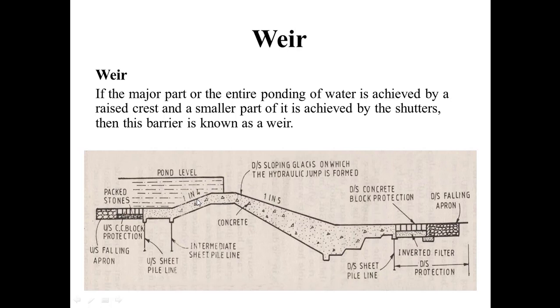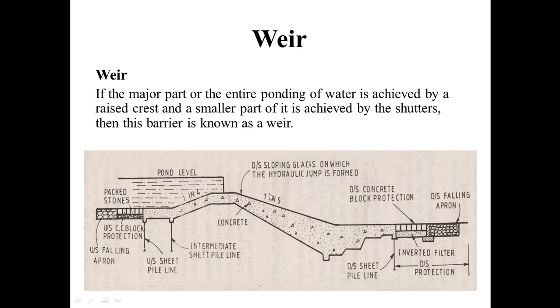A slope is provided to the barrier or weir according to the design or requirements. In this case it is provided 1 in 4. On the upstream side crest shutters are also installed for extra ponding of water, and this is the maximum level, meaning up to this height the water is stored.